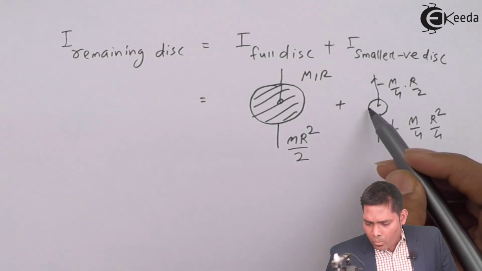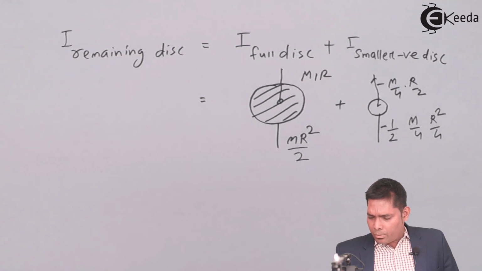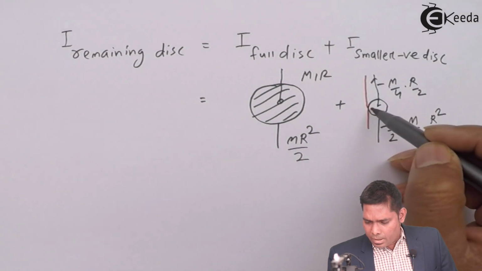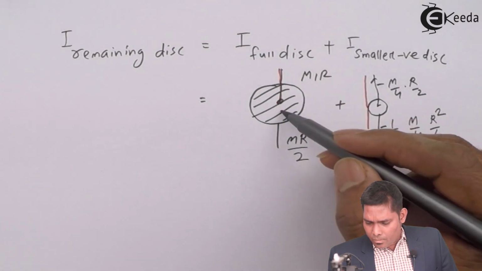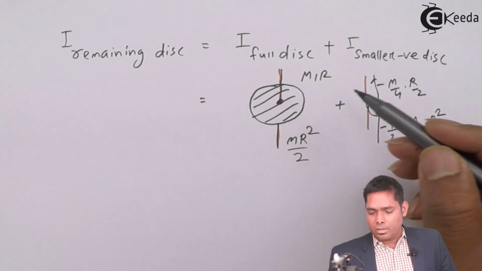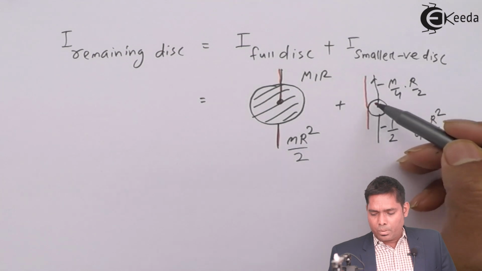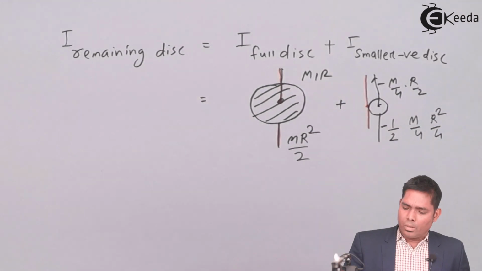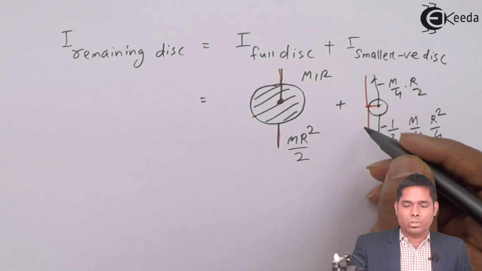But I have to shift the axis from here to here, because basically this is the same axis here. When the disk is cut here, I have to find the moment of inertia about this axis, not about this axis. Shifting the axis to this, I have to use the parallel axis theorem.